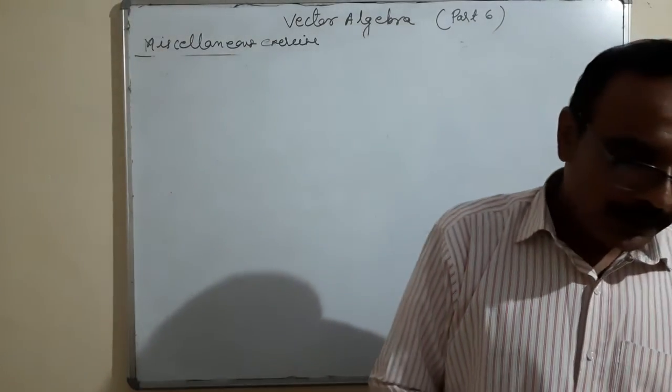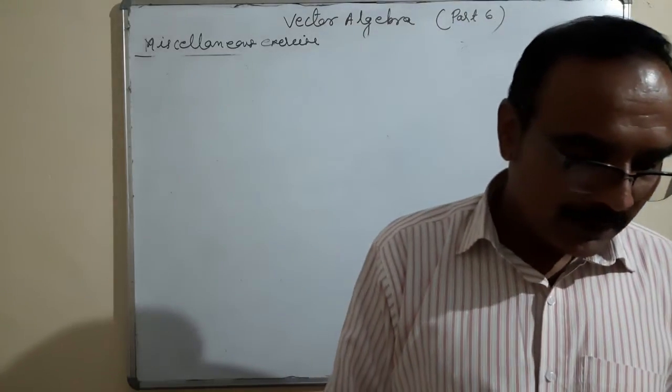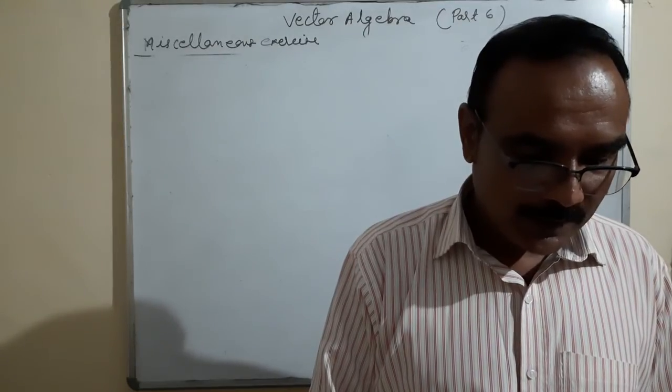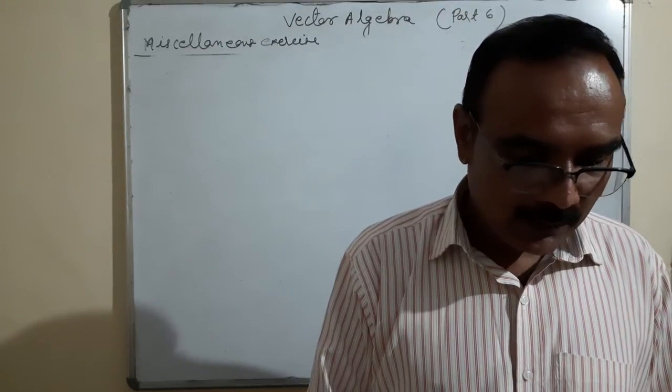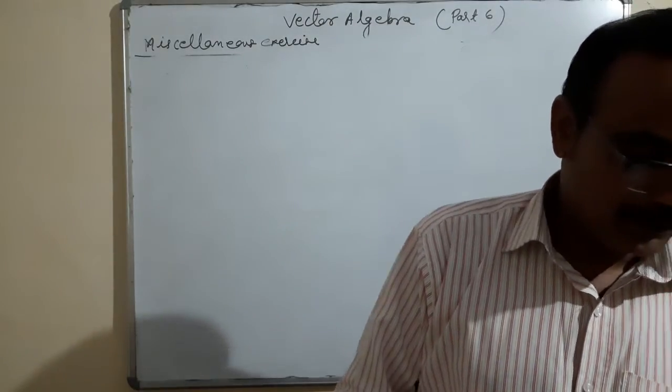And question number 14, 14 we have already done. Question 15: prove that vector A plus vector B dot vector A plus vector B is equal to A square plus B square if and only if A and B are perpendicular. Okay.